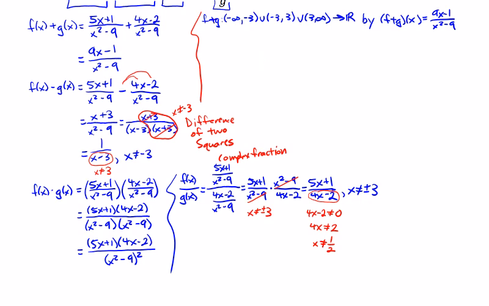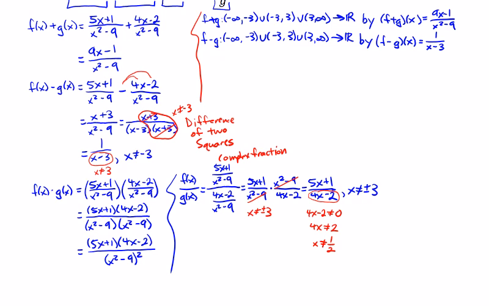Let's do this for f minus g. Same domain, mapping to real numbers, given by f minus g of x is equal to 1 over x minus 3.